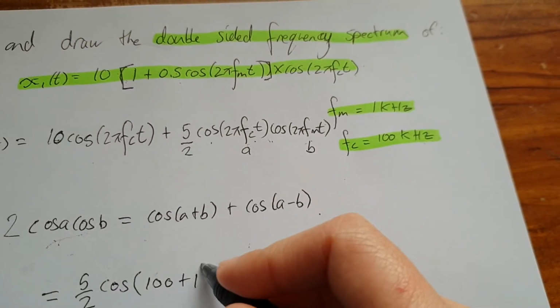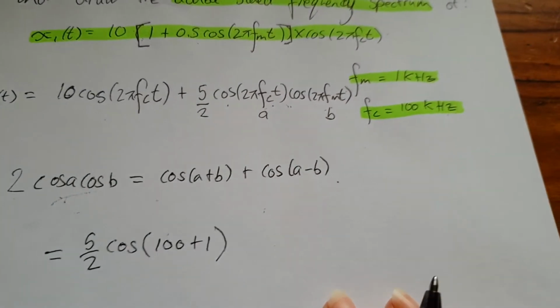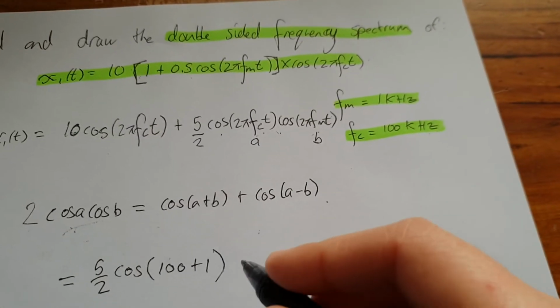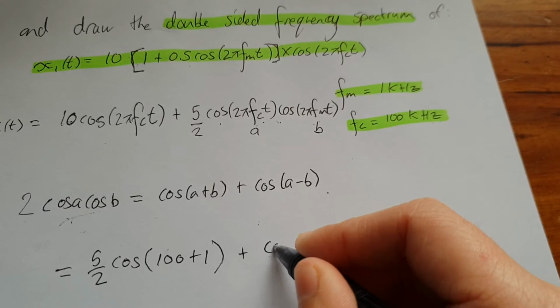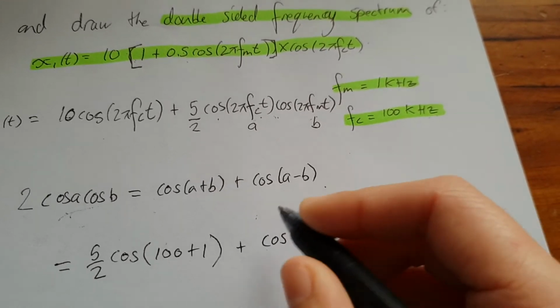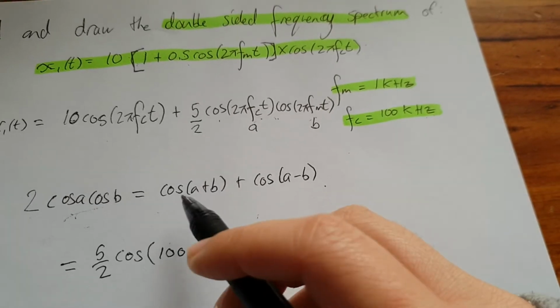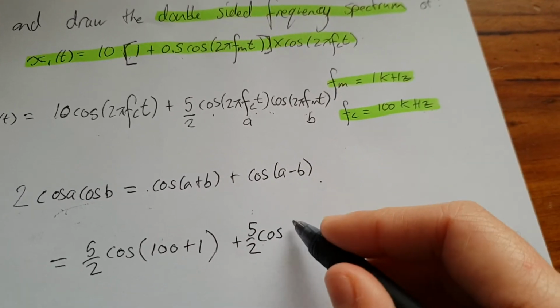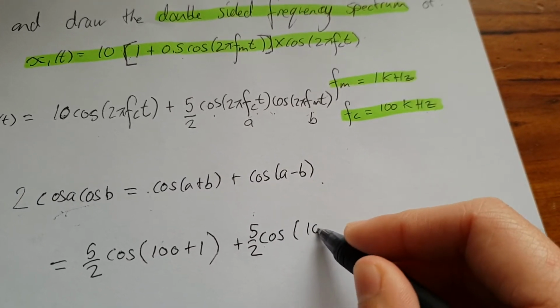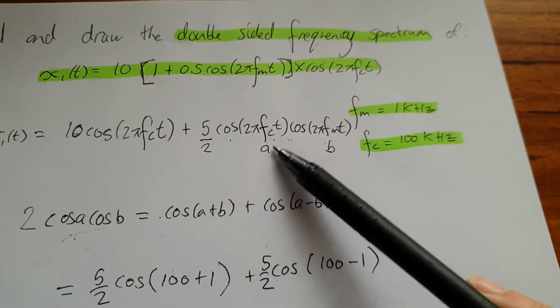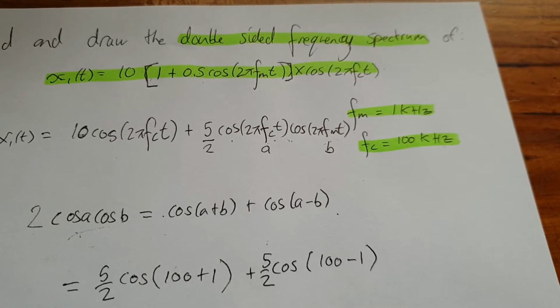Let's leave this in terms of kilohertz so it's not as messy. That's our first bit of the equation. Now let's do it again for the second bit. Cos, oh, don't forget our coefficient, it applies to both. So 100 minus 1. There we go, our fc minus our fm.